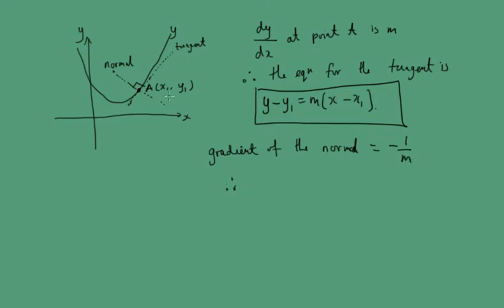Therefore, the equation for the normal is y minus y1 equal to minus 1 over m times (x minus x1). This only makes sense if m does not equal 0.